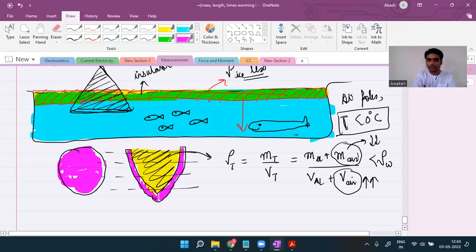Of course. Got it? Yeah, got it. It will sink because there is no empty space. But this will float. Sure? Yeah, clear. Okay. Just a few more questions.